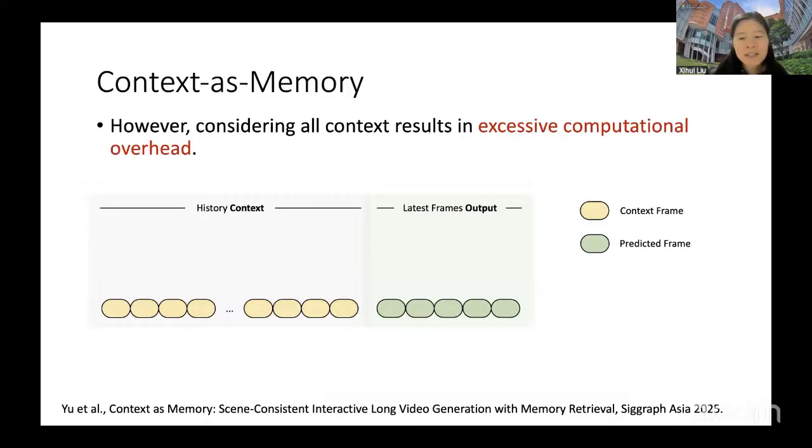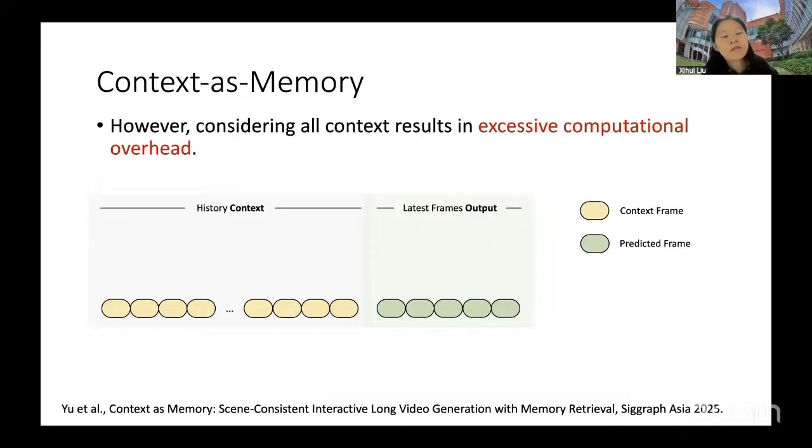However, we easily know that this is impossible because it will result in excessive computational overhead, especially if we have a very long historical context. It will be infeasible to take all of the history context as condition.